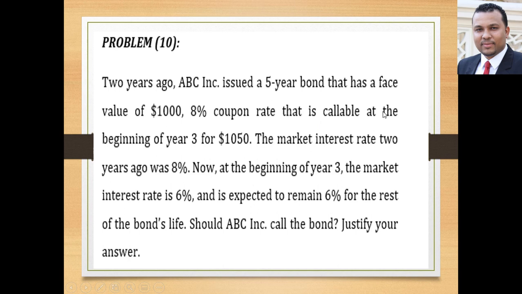But remember, this is protected only in the first 2 years. So it is callable at the beginning of year 3. From year 3, year 4, year 5, you can call the bond as the issuer.